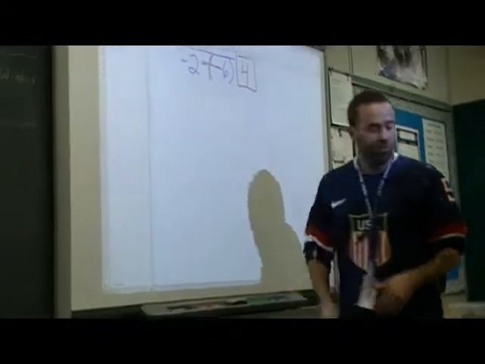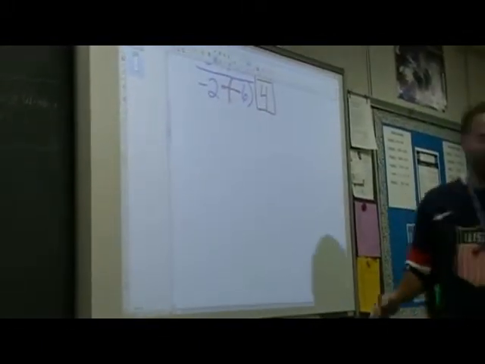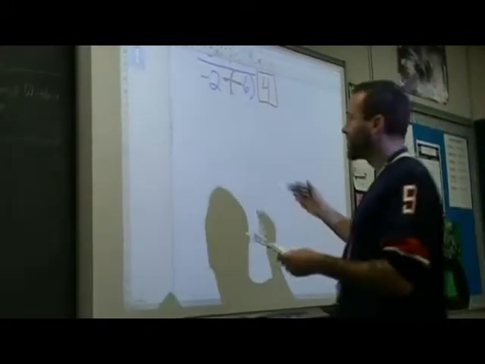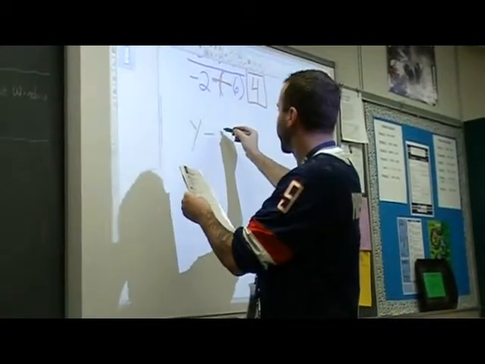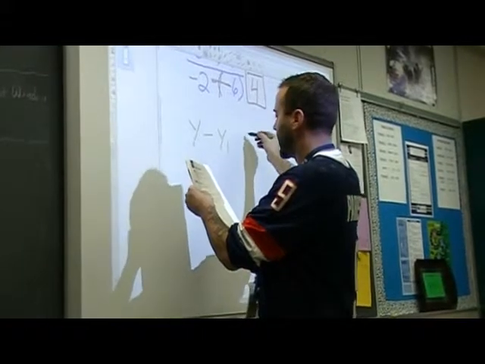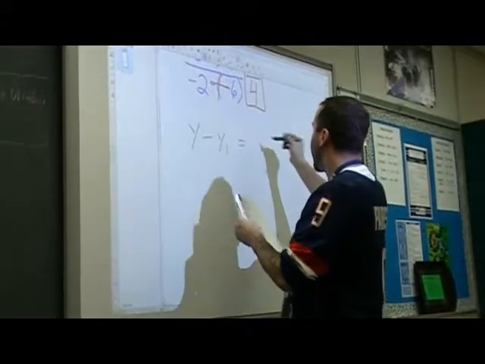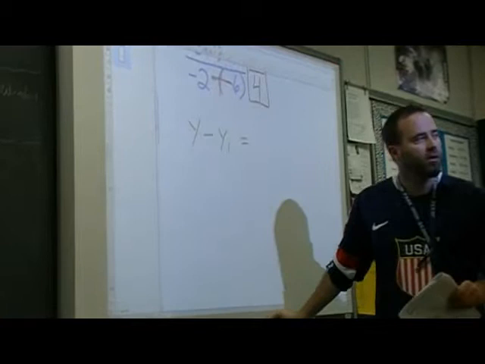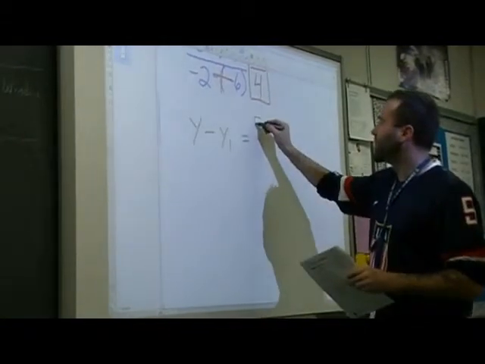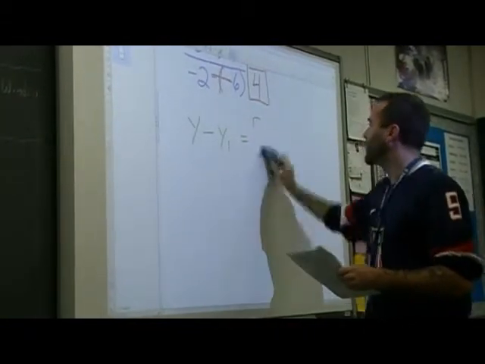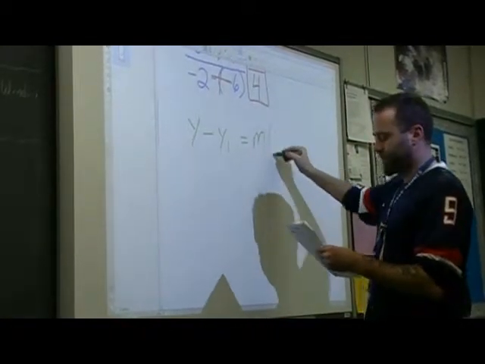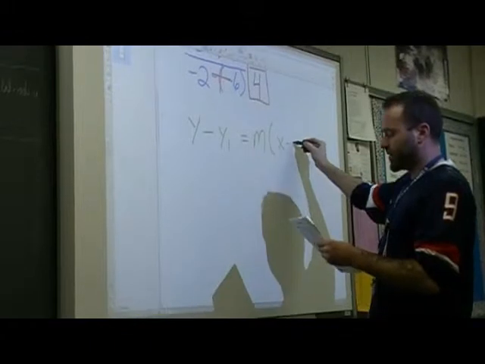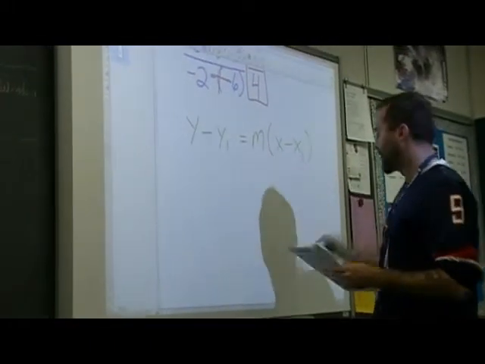Now we need to do our other formula, which we should always have readily available. y minus y1 equals m, which is 5/4. Actually, I'm just going to write the formula first: m times x minus x1.